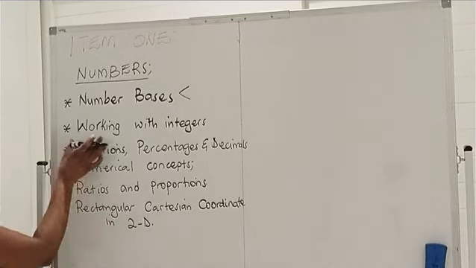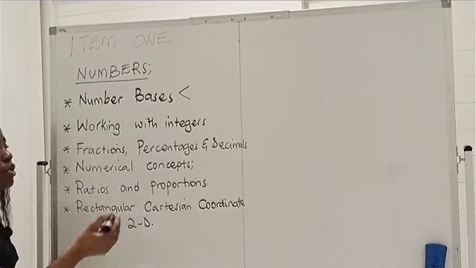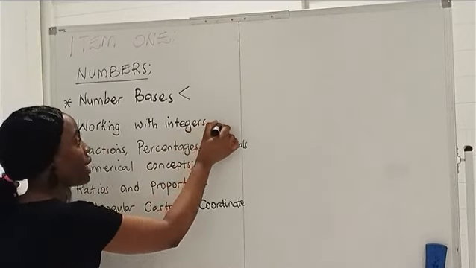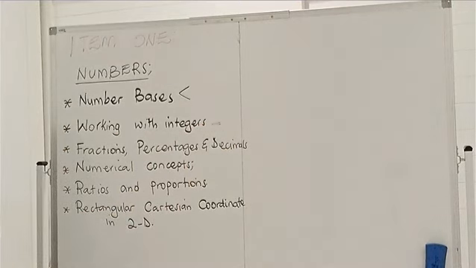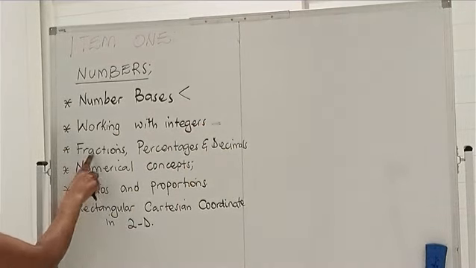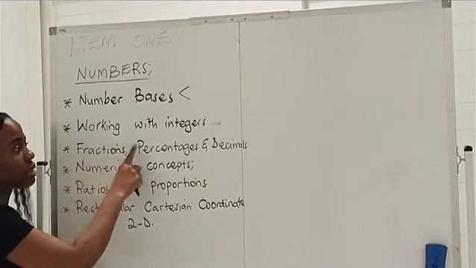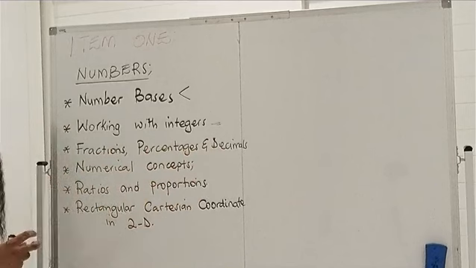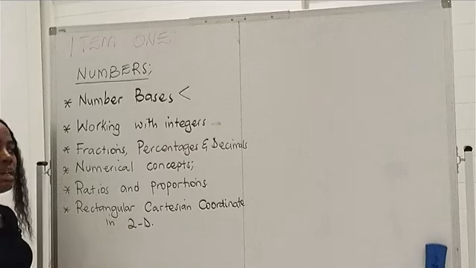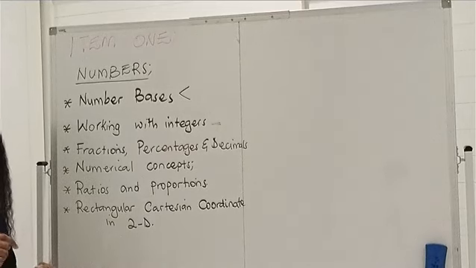Then when it comes to working with integers, you need to know how to write words in figures or numbers in words. We need to know more about fractions, percentages, and decimals. Here you need to know how to add fractions, how to combine them in addition, subtraction, multiplication, and division.